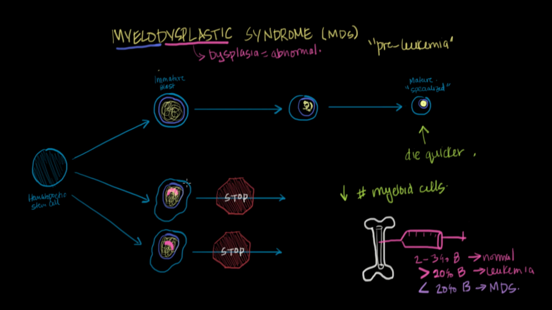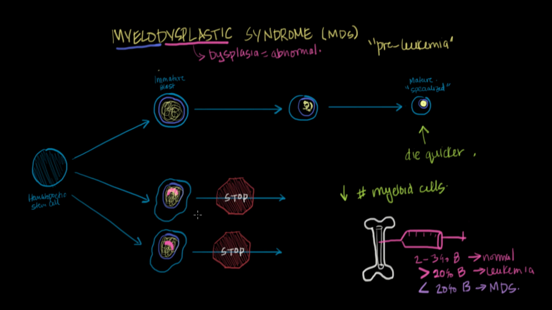Now, one last point that I'd like to make about this disease is that we said that the cause of myelodysplastic syndrome, this gene mutation that prevents the cell from maturing, was the first step that was required for the development of leukemia, right? So we had step 1 already occurring. And you can imagine that if then in this cell you had another mutation develop that caused the cell to start dividing uncontrollably, that would then lead to a leukemia.